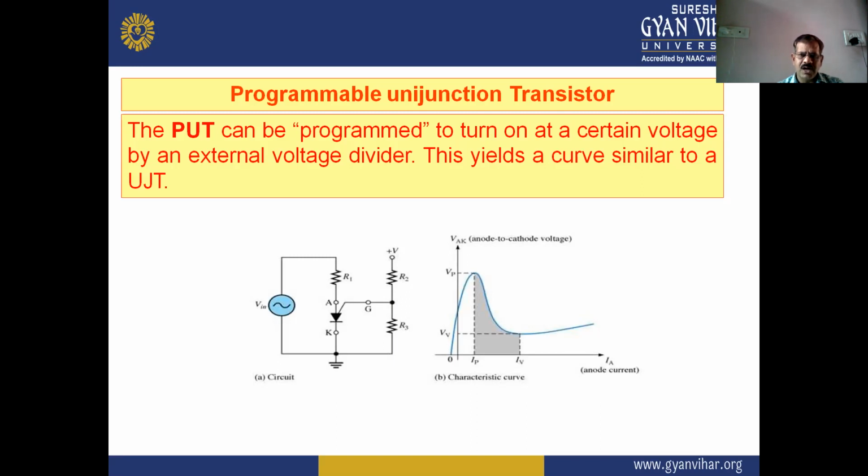The graph of this PUT between voltage versus current is similar to the V-I characteristics of UJT. In this graph, there is also a negative resistance region, saturation region and cutoff region.